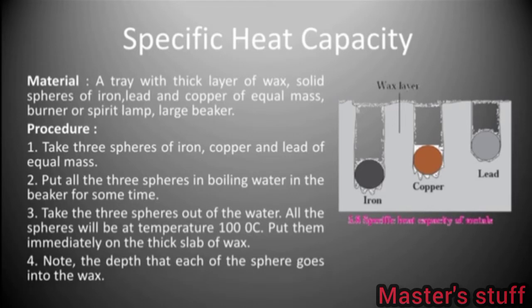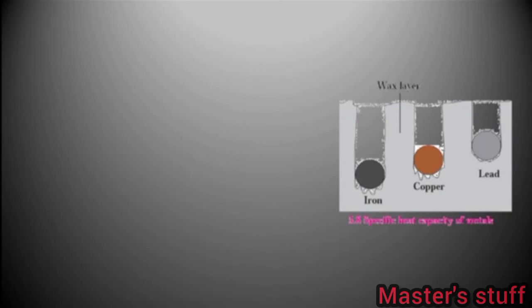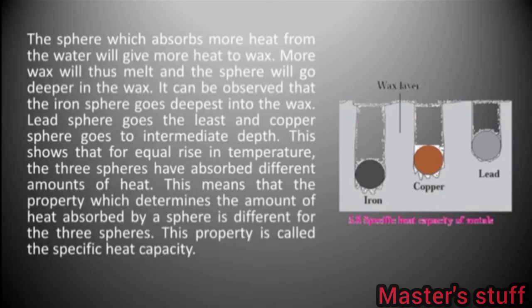Now note the depth to which each sphere goes into the wax. Now what do we observe? We observe that the sphere which absorbs more heat from the water will give more heat to the wax.